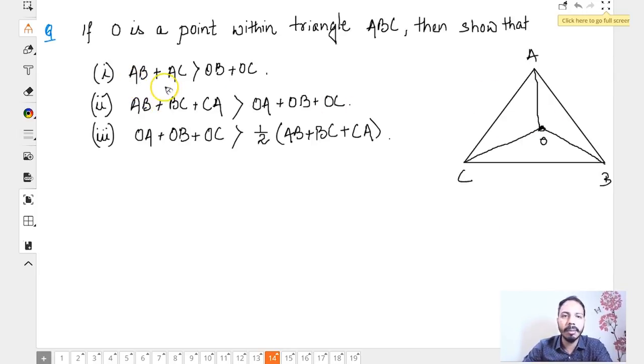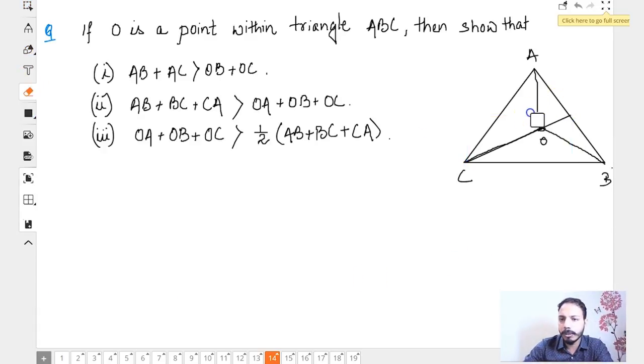So it said that AB plus AC is greater than OB plus OC. How do we do it? So to do it, guys, you need a little construction, okay? And the construction is, suppose we extend this to this point.